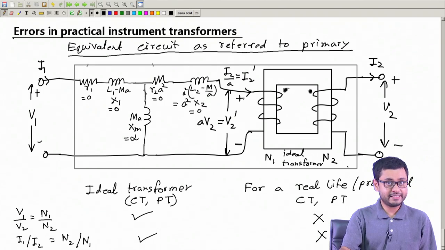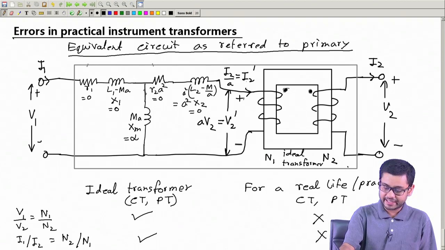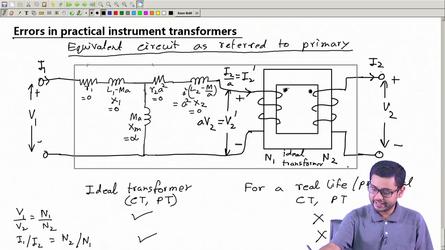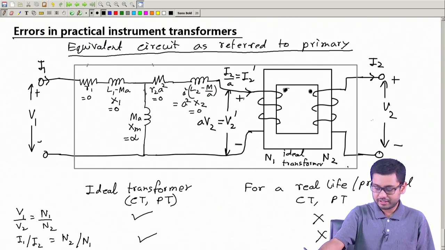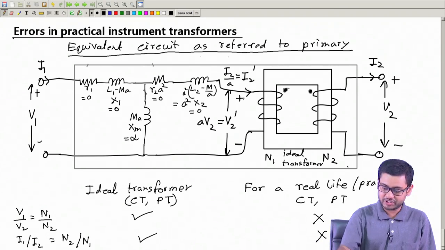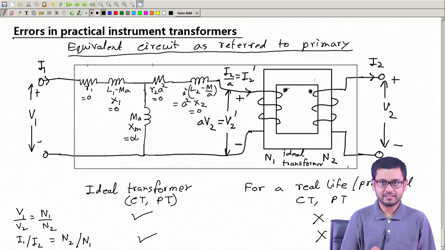In that circuit, the right side has current I2 prime and V2 prime. They call only this part the equivalent circuit, but then the output from this is I2 prime and V2 prime, not I2 and V2. But if we put this ideal transformer, then we get I2 and V2 at the right side ports, at the output side. So this entire thing together behaves exactly like a practical transformer.